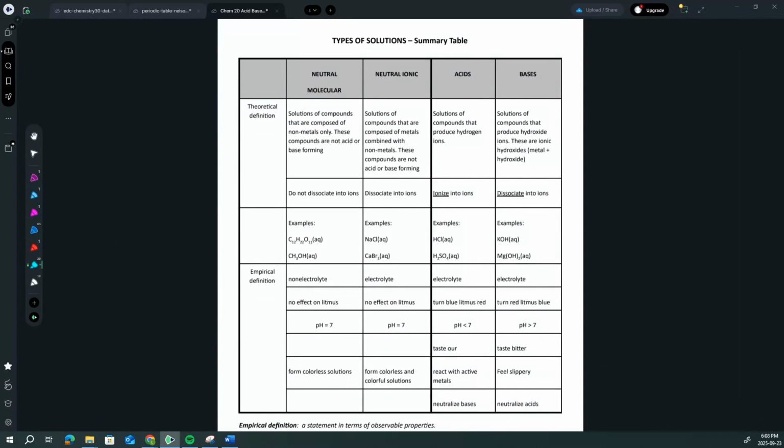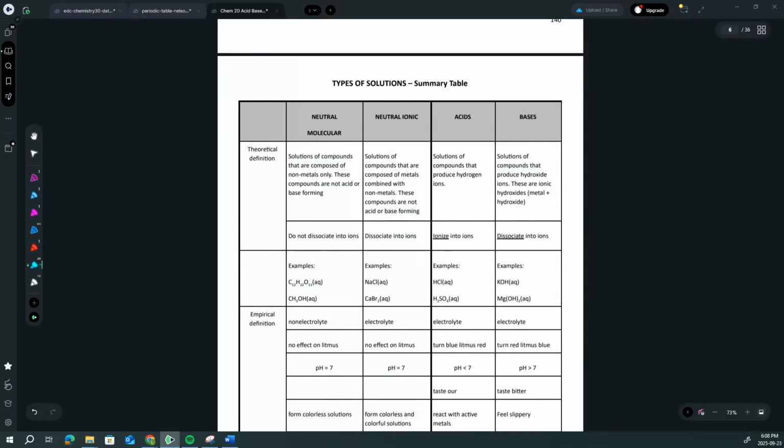All right, so here's a table that summarizes all of the solutions that you should be aware of. It has the theoretical definitions as well as the empirical definitions.